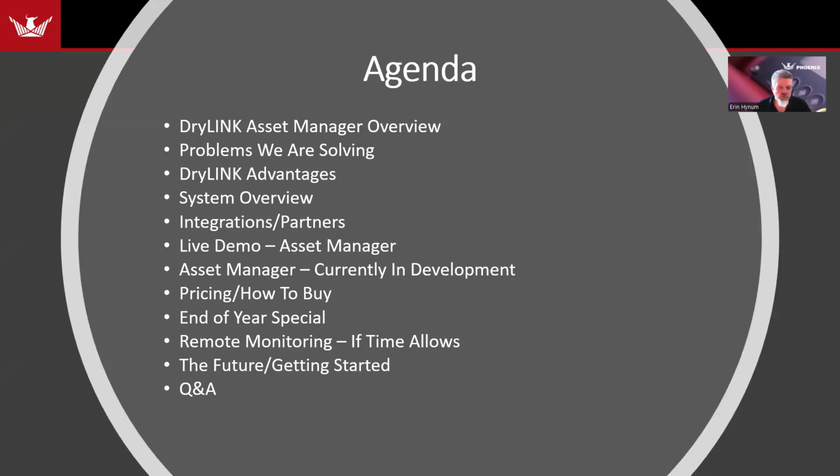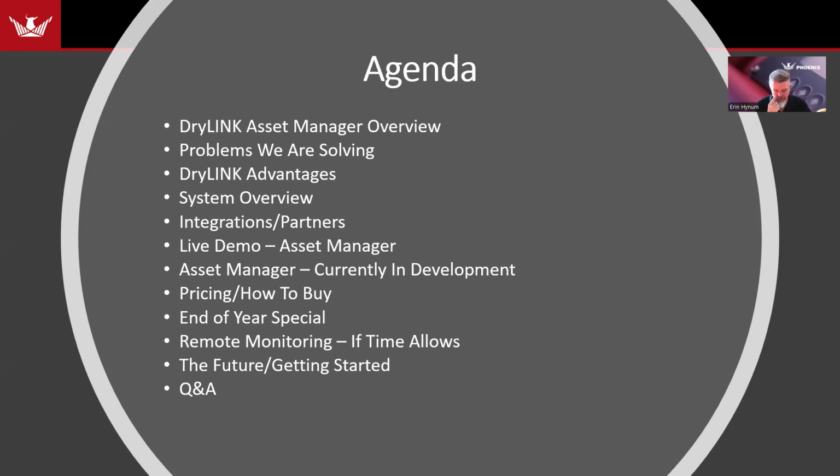Okay, then I just wanted to go over the agenda here. So we're going to start with the DryLink Asset Manager overview. I want to talk about specific problems that we're solving in your business. Then I'm going to talk about the advantages that DryLink Asset Manager brings over other systems.